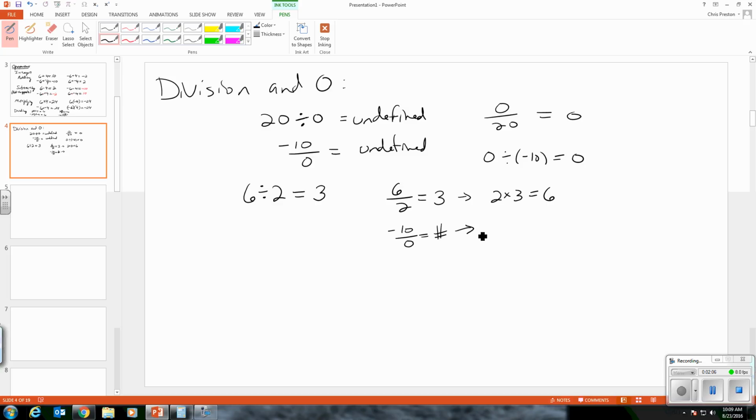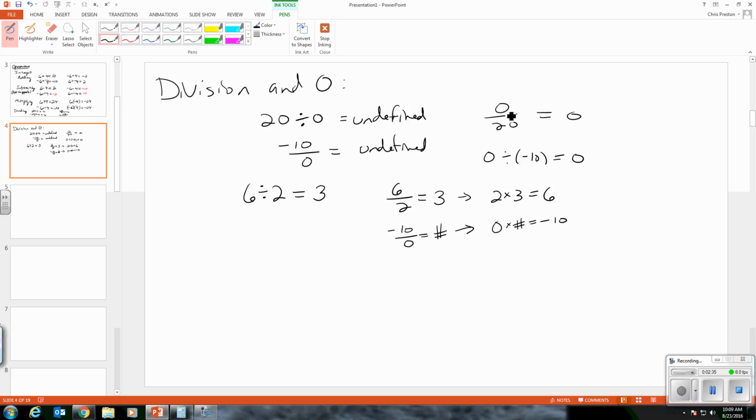Let me back that up so I follow the same pattern I did before. That would have to mean that 0 times this number would have to give me negative 10. But 0 times anything is 0, so that doesn't make sense. So again, this answer doesn't work if your divisor is 0.